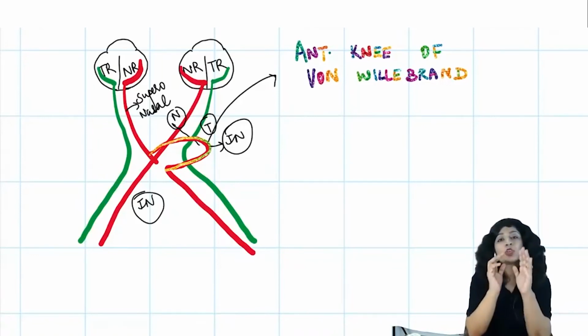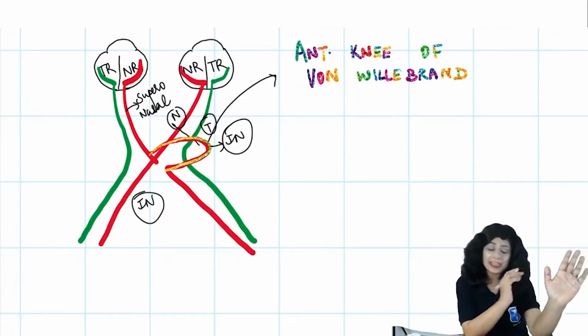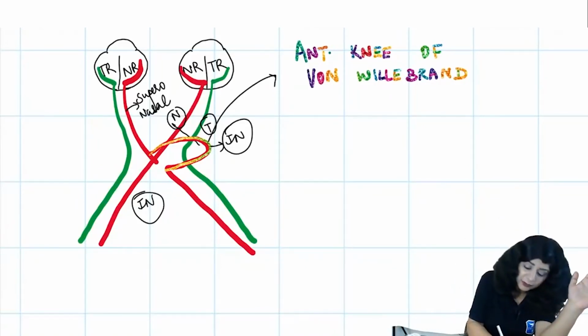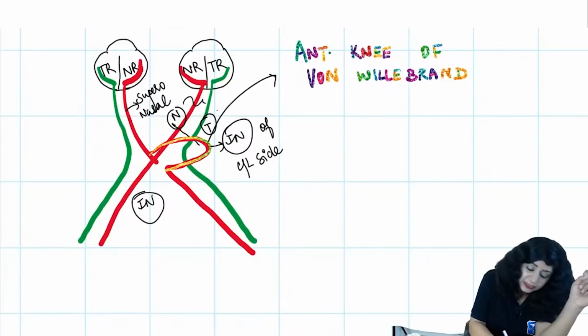Okay? So that means on the opposite side it comprises the infranasal fibers of the contralateral side, and the total optic nerve of the ipsilateral side.